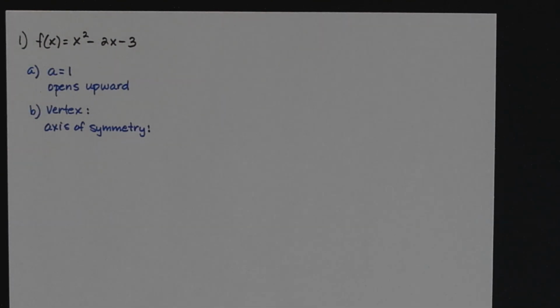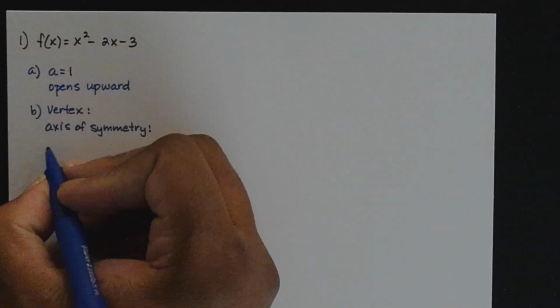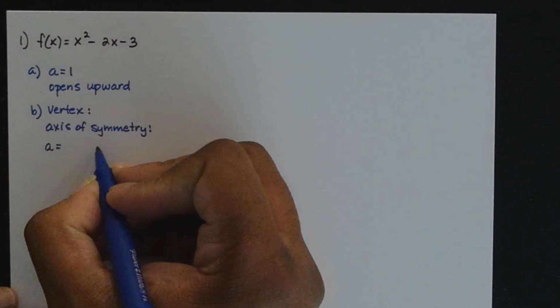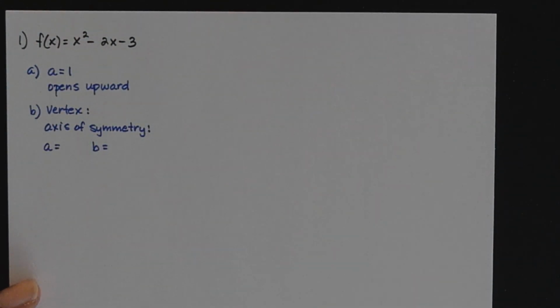So here, to find the vertex and the axis of symmetry, we need to identify 2 things, the A and the B. Your A is the coefficient of x squared, and the B is the coefficient of x.